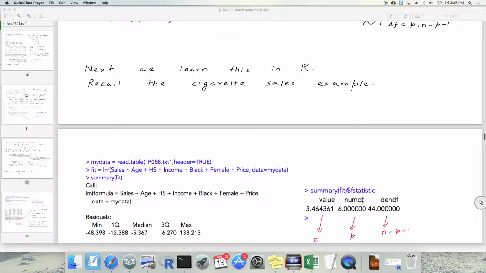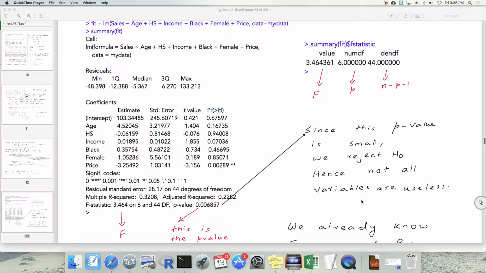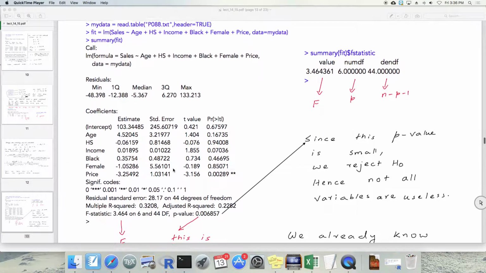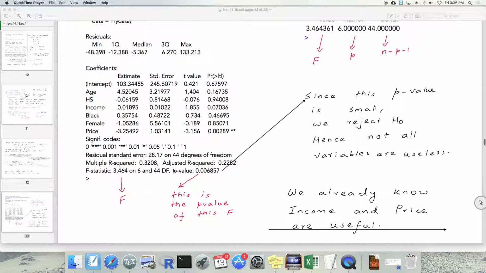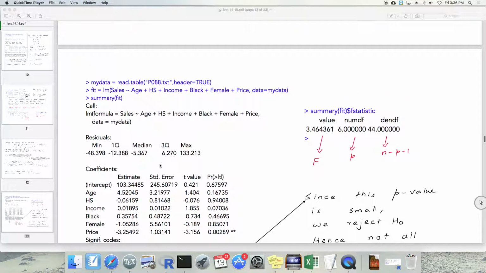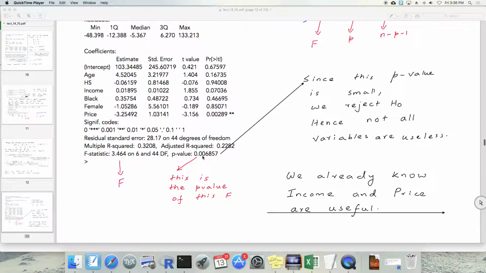You find out the cutoff, but you don't have to do that. You don't have to calculate this F on your own. It's such an important thing that it's already given. When you do summary fit, it's already given to you at the bottom, and the p-value is also given to you. For this particular case, we see the p-value is small.